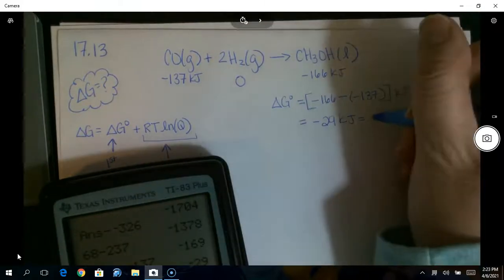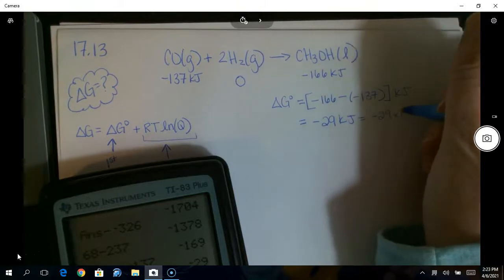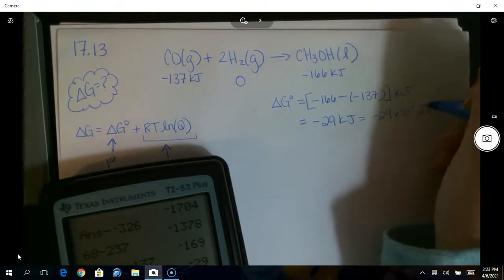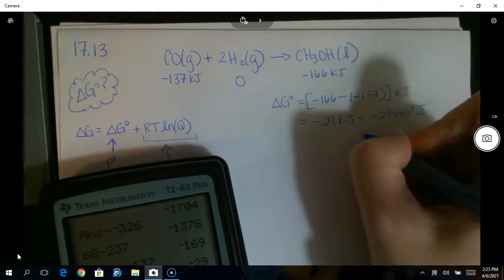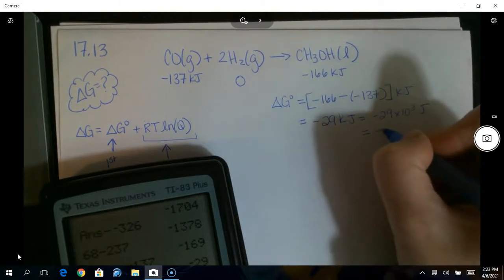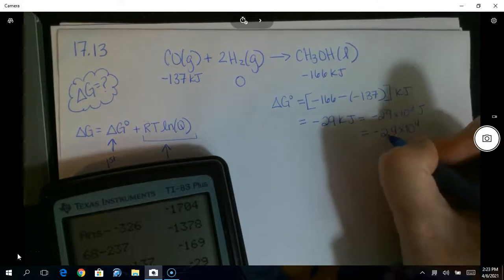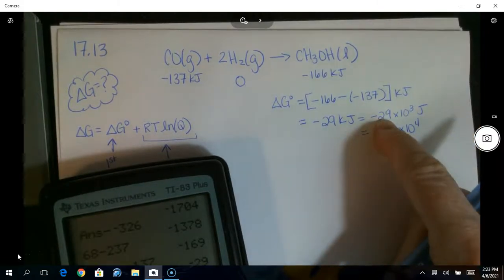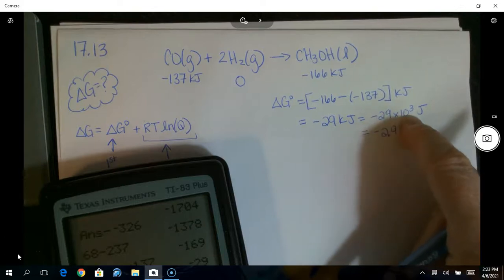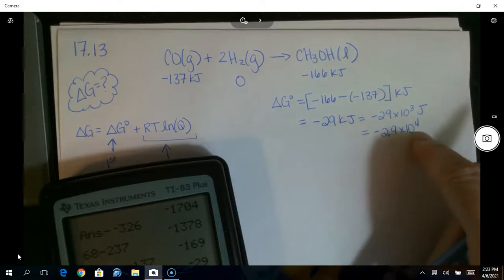So this is going to be negative 29 times 10 to the third joules, but you want to put it in proper scientific notation. So this is negative 2.9 times 10 to the fourth. Remember that 29 is 2.9 times 10 to the first, so I have a 10 to the first and a 10 to the third, and that's how you get this.